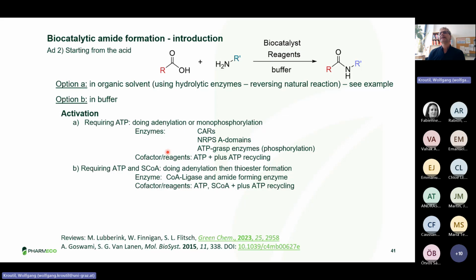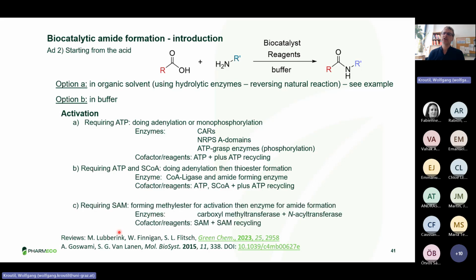Then there are other types of enzymes which are even more complicated, needing ATP and CoA as a cofactor. I just mention these two, but I don't want to go into more detail for those. Actually, all three options I keep here.